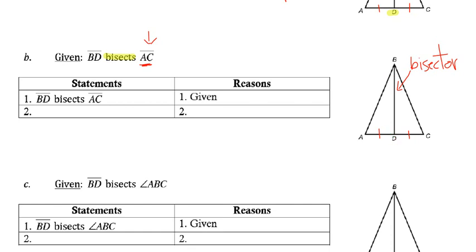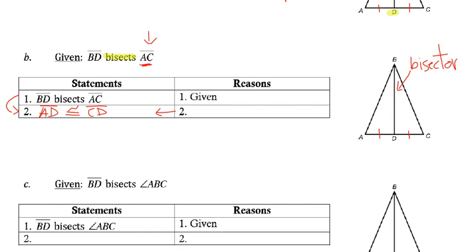So in this case, we have already number 1 filled out. BD, segment BD bisects segment AC, that's given. What we get from that? We get that we have two equal parts because that is what a bisector does, and those two equal parts are AD congruent to CD. And why am I saying this? Is because I have a bisector.